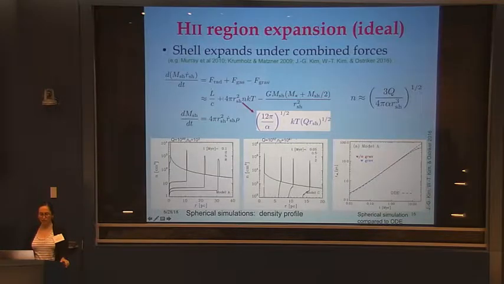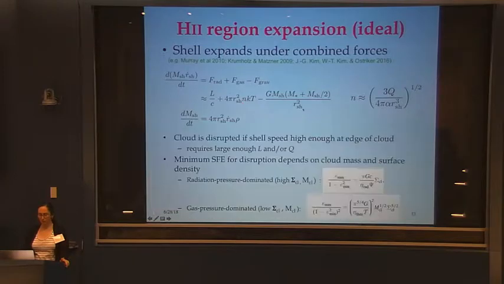At small scales, this term is more important: as R goes to 0, this term is 0. But as R gets larger, once you get larger than the characteristic radius, this term dominates. Of course, if you want to use an H2 region to destroy a cloud, these terms better end up being more important than gravity.